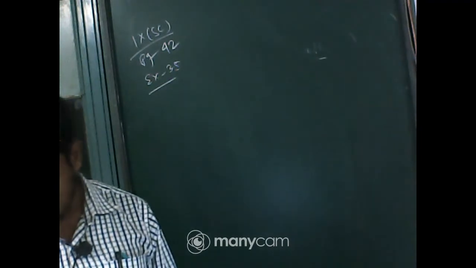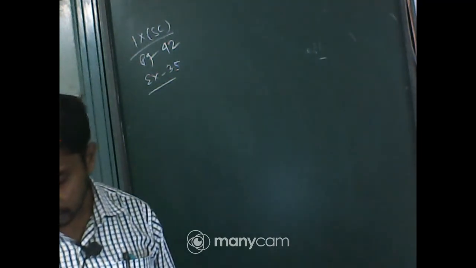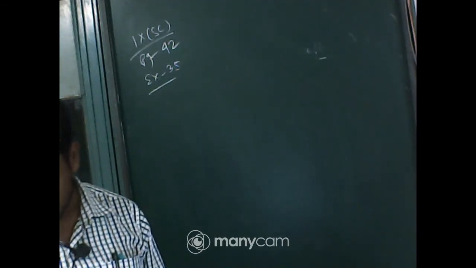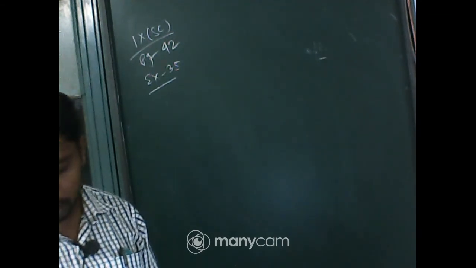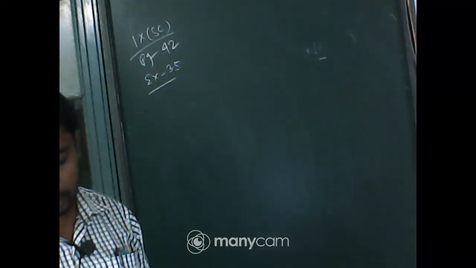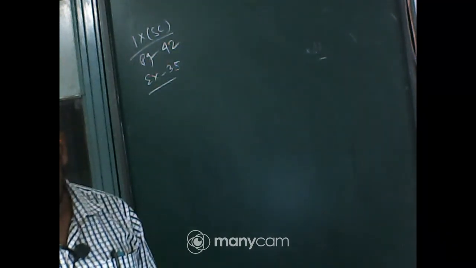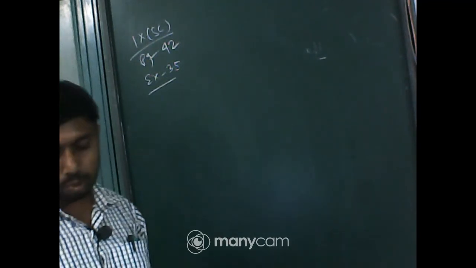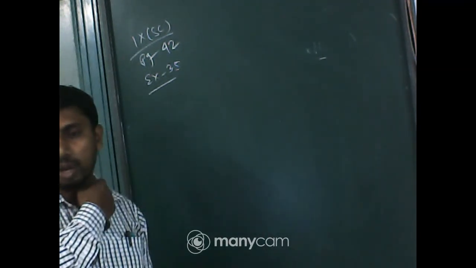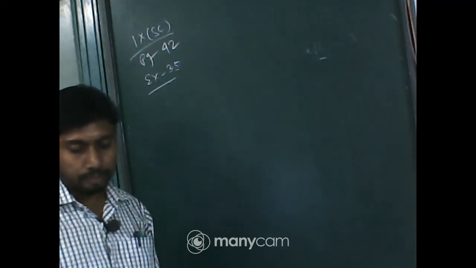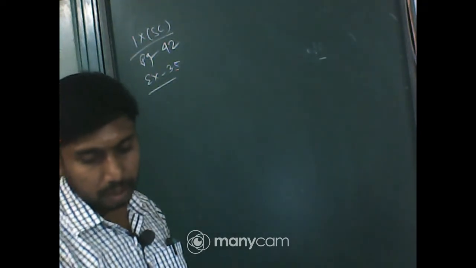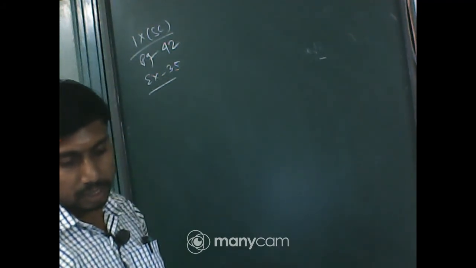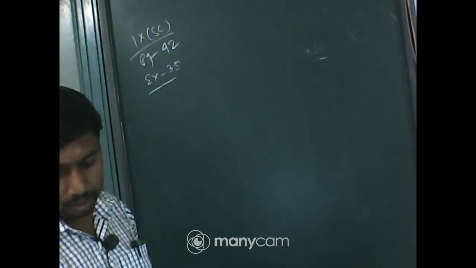Then, when 3 gram of carbon is burnt in 8 gram of oxygen, 11 gram of carbon dioxide is produced. What mass of carbon dioxide will be formed when 3 gram of carbon is burnt with 50 gram of oxygen? Okay. So these two problems you will try to solve at your home. Okay. So next day I will discuss from that. Clear?